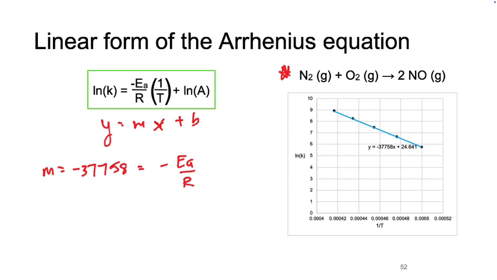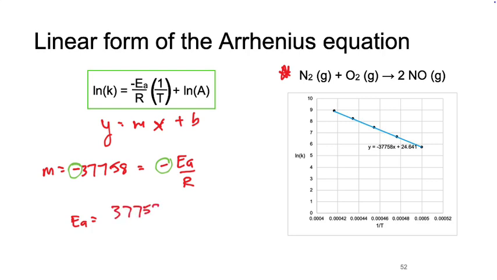Yeah, that was a constant. That's that 8.3145 joules per mole Kelvin. So what can I do? I can now solve for my activation energy. But it's a negative. We said the activation energy can't be a negative. There's two negatives. Two negatives make a positive.